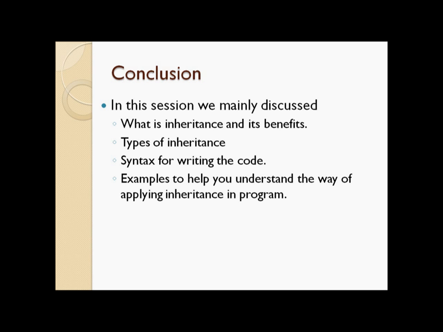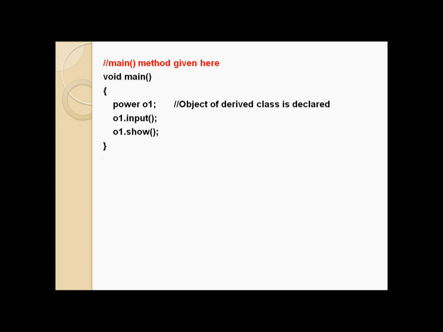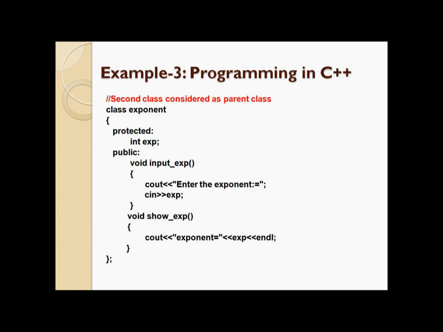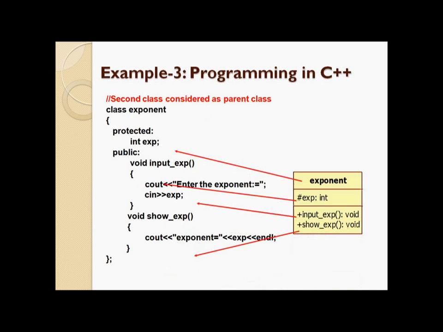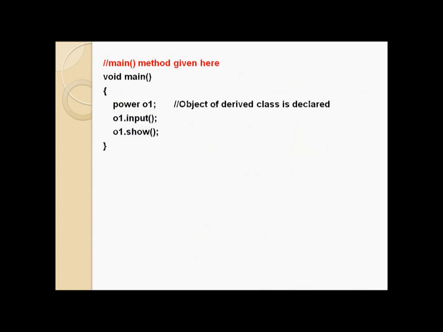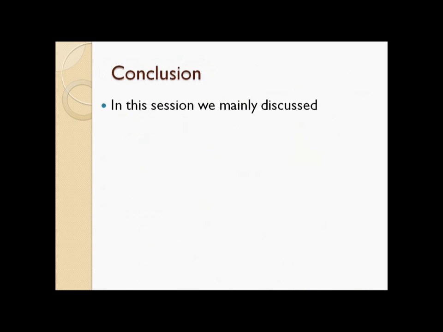Thereafter, we discussed the general syntax for writing inheritance in a program, and at the end I explained how one can figure out the logic if a programmer has applied the concept of inheritance. So this session will also help you in understanding and analyzing programs. Thank you very much.